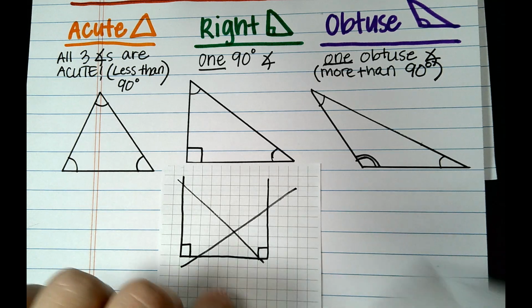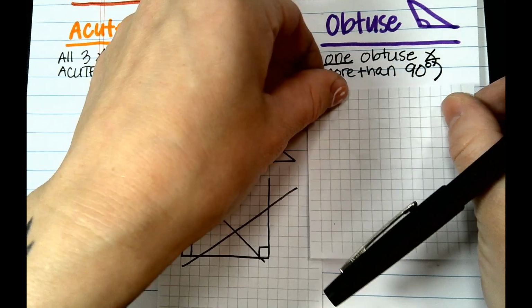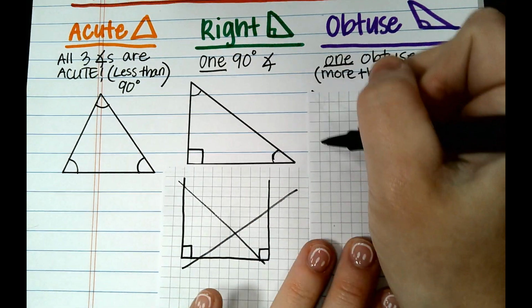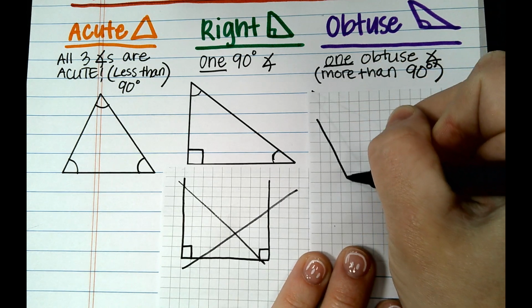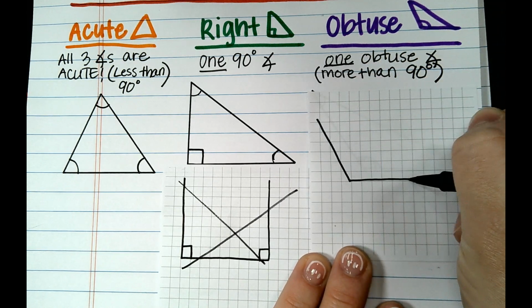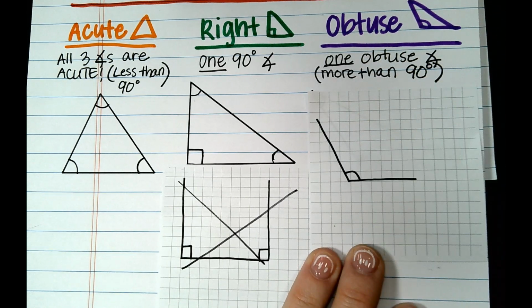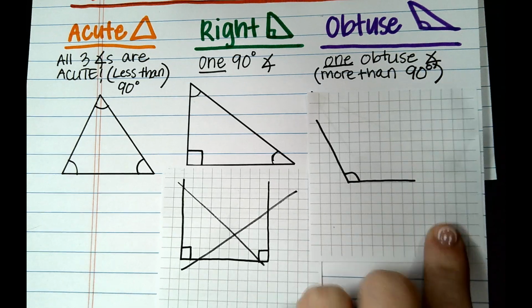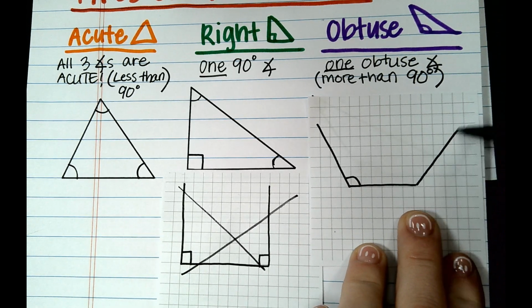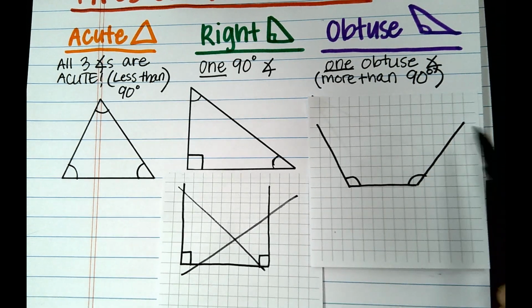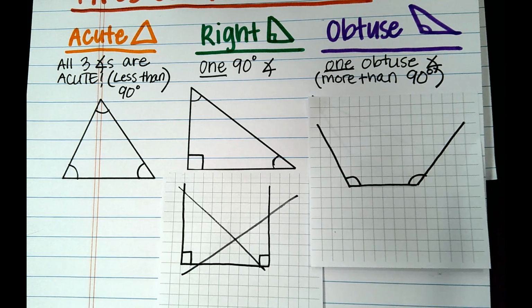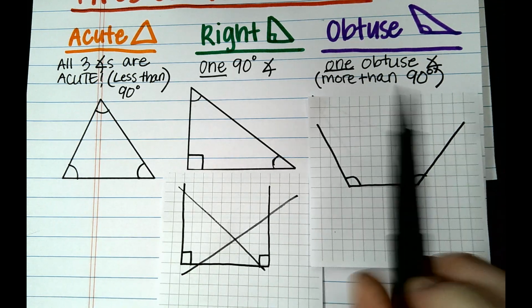And it really doesn't work with the obtuse. If I start with an obtuse angle here, there's my first obtuse angle. If I make the next angle also obtuse, well, I have three sides. There's no way I can connect those.